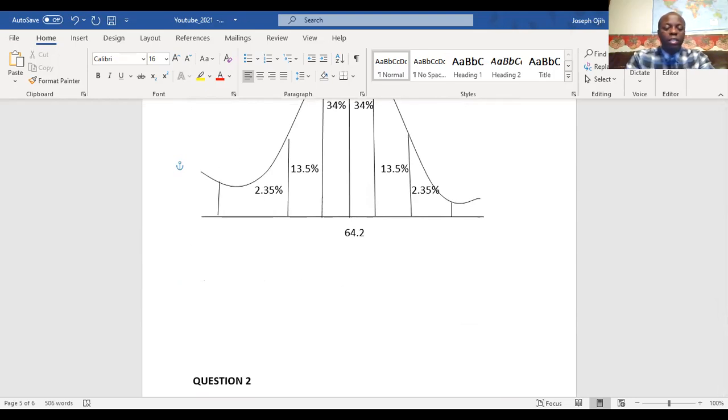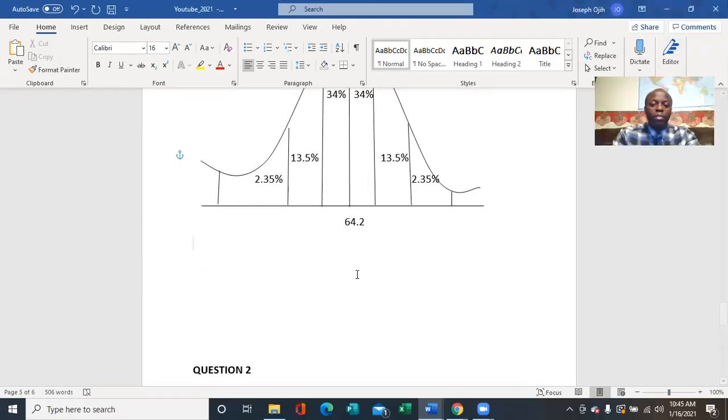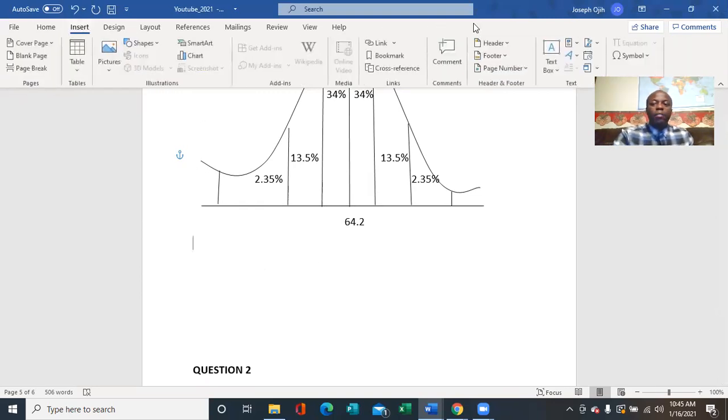Just one minute. Let me make sure you're seeing this. Yep, you're seeing it. So for the left side, we have mean minus standard deviation.